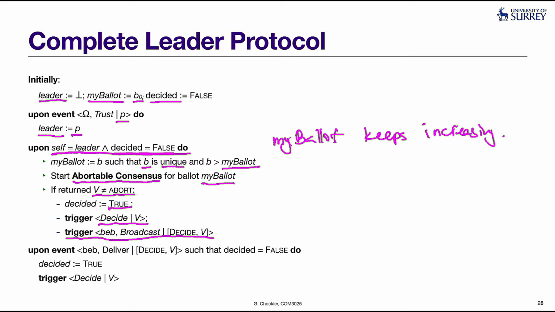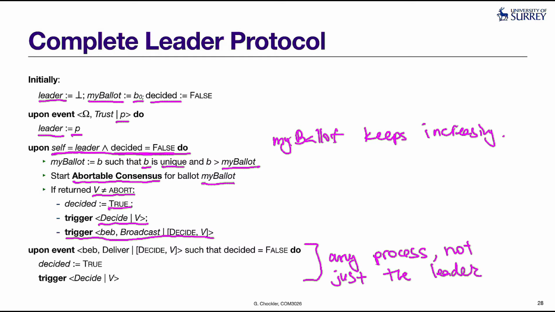Okay, and whenever any process, and not just the leader, receives this decide message for a value V, and this process has not yet decided, then this process decides.